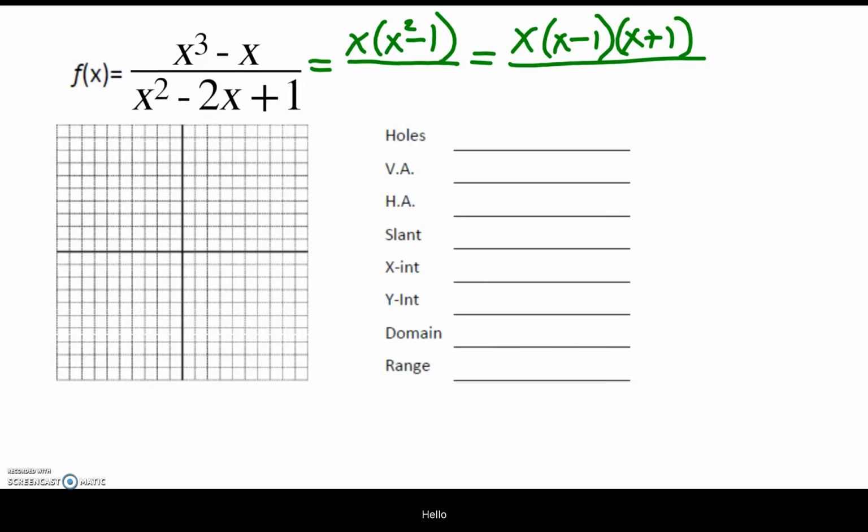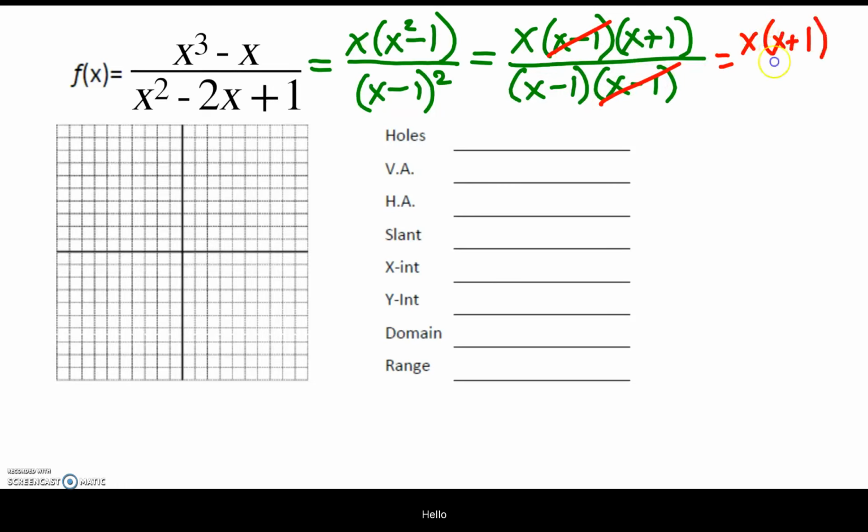In the denominator, that factors as x minus 1 quantity squared. Or in other words, if you want to write it like this, x minus 1 times x minus 1. Now, in this one, you do see that these x minus 1's cancel here. So really, we just have x times x plus 1 over x minus 1.